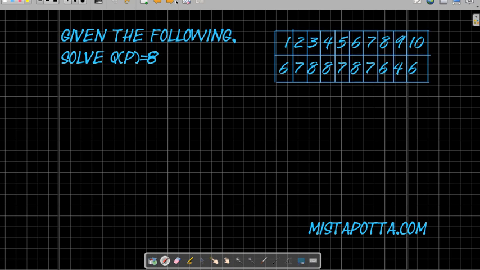And I can work backwards as long as I'm aware of those things. Notice here I'm saying find p when q of p equals 8. Well, here's an 8, and here's an 8, and here's an 8. So in other words, I'm trying to find p when q equals 8. Well, p equals 3 satisfies it, p equals 4 satisfies it, and p equals 6 satisfies it.